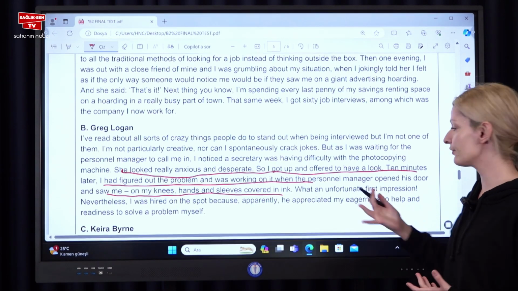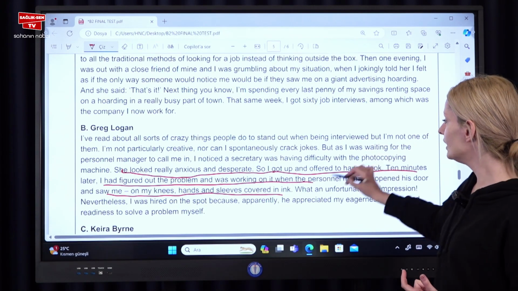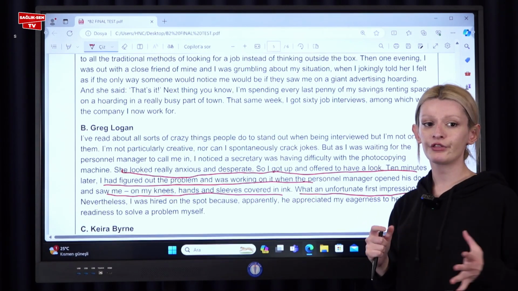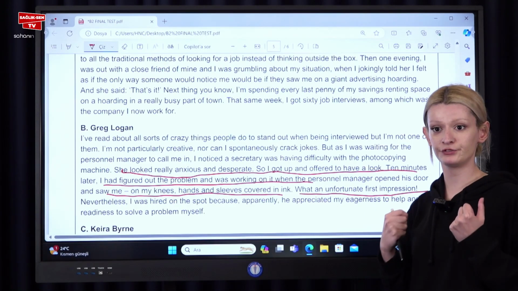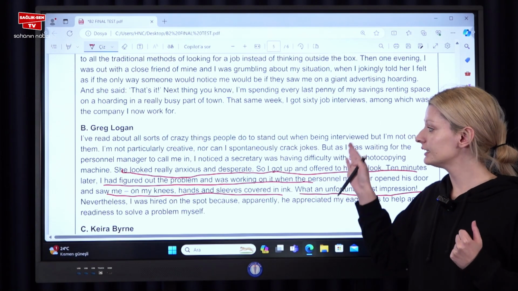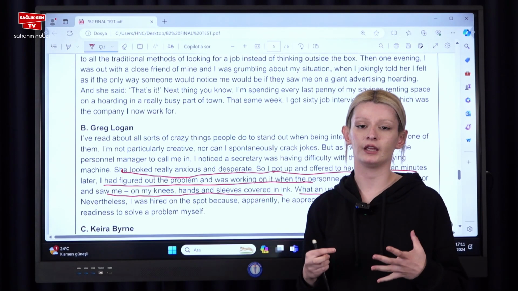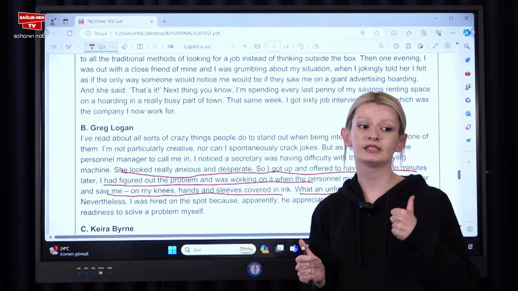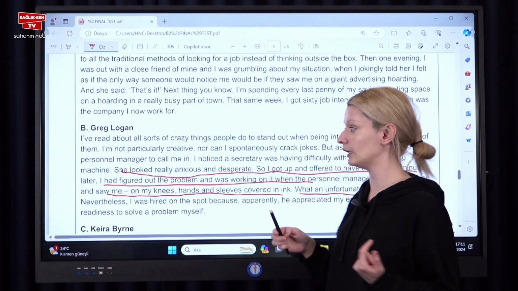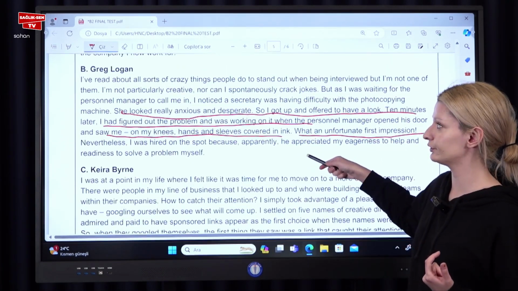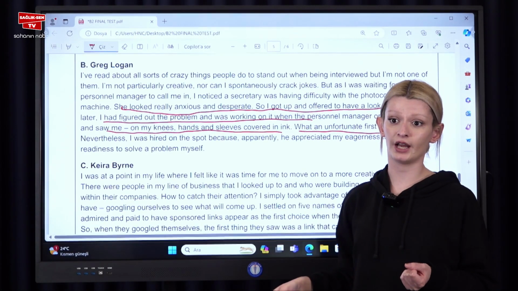But what he thought was, what an unfortunate first impression. He thought that it was something bad for himself, but the personal manager thought that it was a good thing, that he was willing, he was eager to help others. So our answer for the first question is Greg Logan.